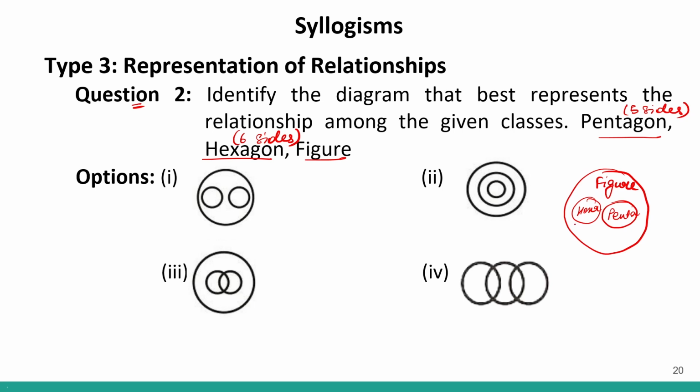Inside figures, we can have circles, triangles, squares and a lot more, and 2 of the figures are hexagons and pentagons. They will not overlap with each other because they are 2 separate kinds of figures. So this will be my Venn diagram, represented in option number 1. So option number 1 will be my answer to the question.